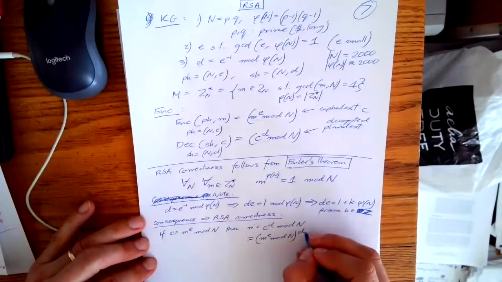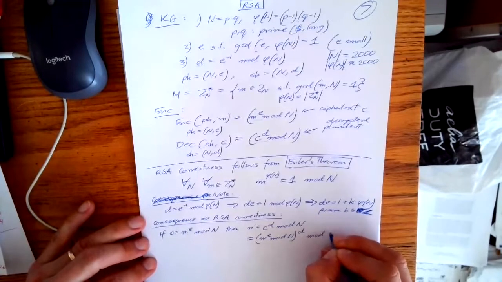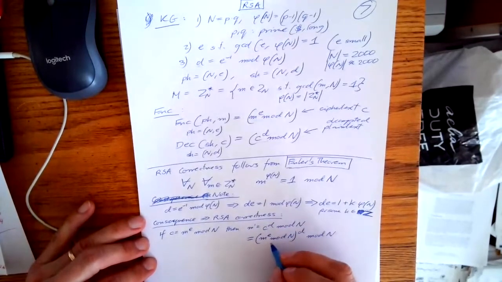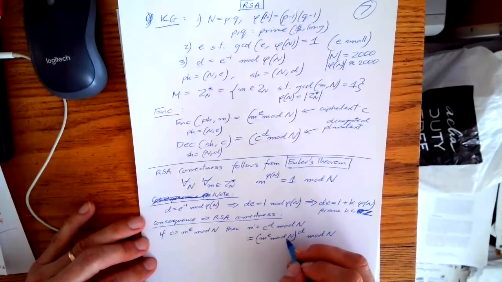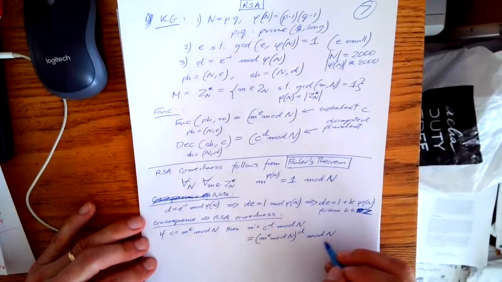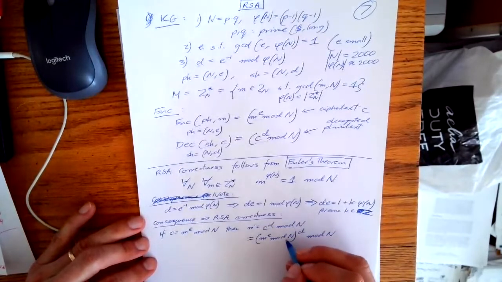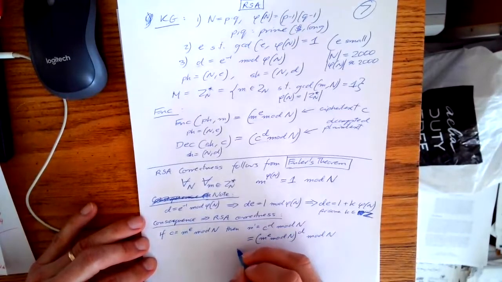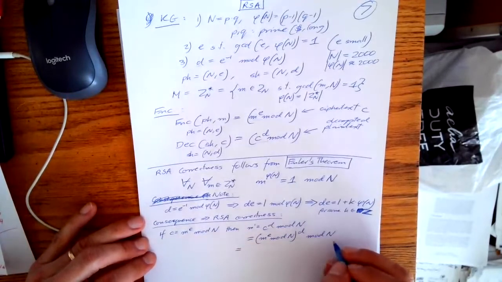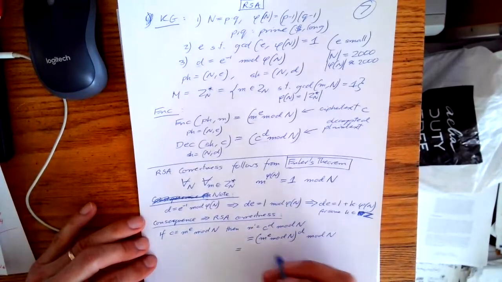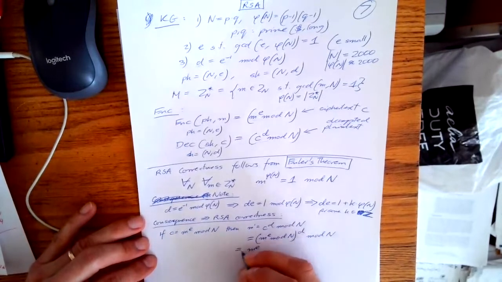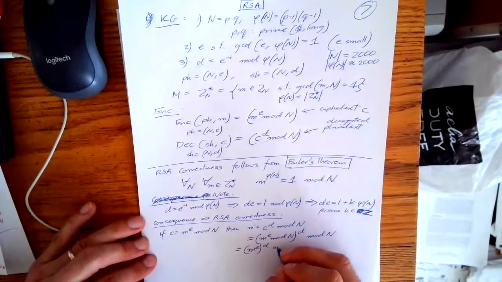This is my C, and now I take it to the D mod n. Now you know that this is a bunch of multiplications and modular reduction. So it's a multiplication with mod n, and then the result exponentiated mod n. I don't need to do this reduction. I can postpone it. For efficiency, it would make no sense, but it's still true. So this is the same as that mod n.